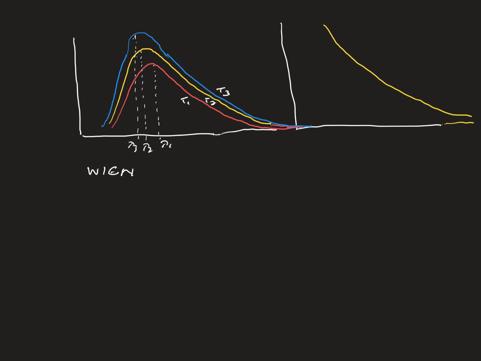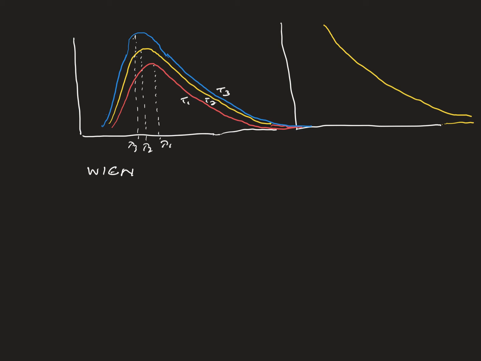Wien looked at these black body radiation curves, and he found a relationship between the wavelength where we have the maximum intensity and the temperature of the hot body.